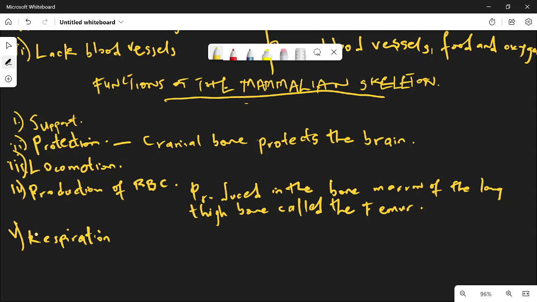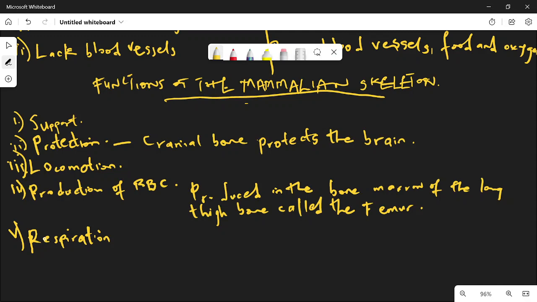Respiration: the continuous contraction and relaxation of the thoracic cavity, the thoracic region of our body, is what brings about respiration.